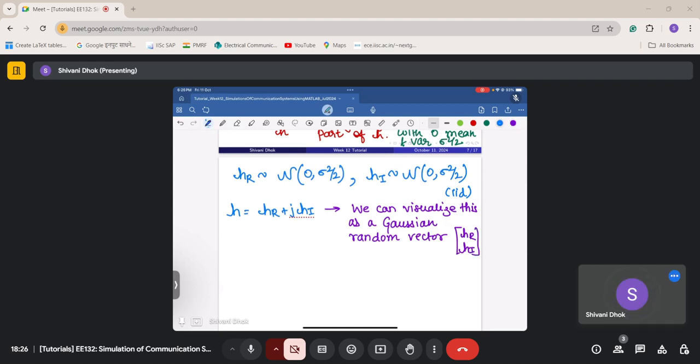And the PDF of H is basically equal to the joint PDF of HR and HI.